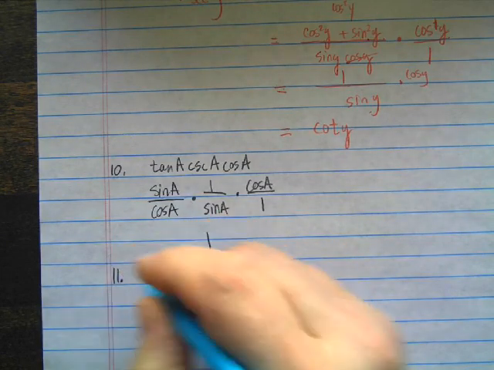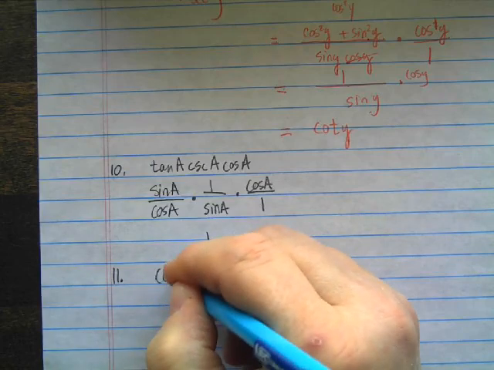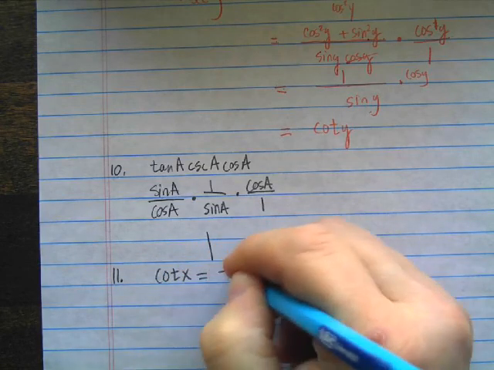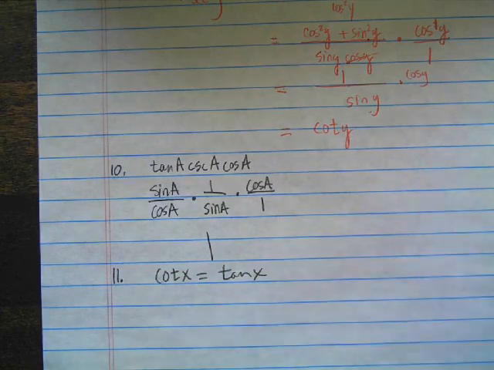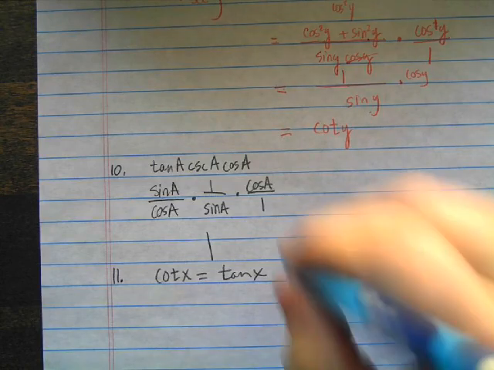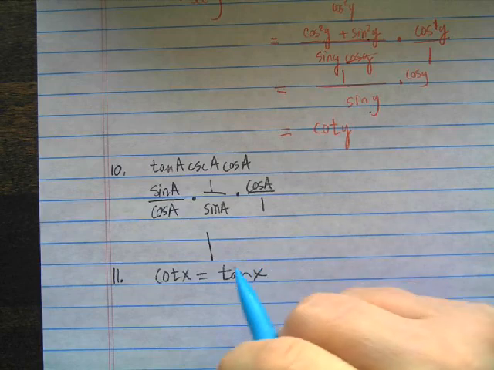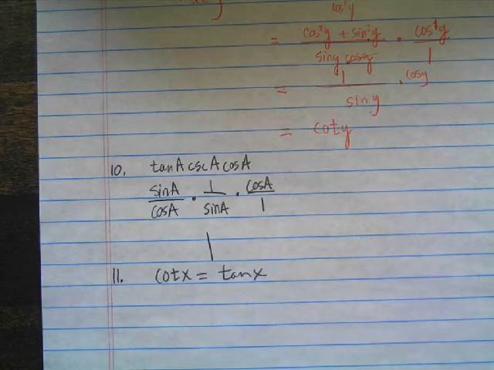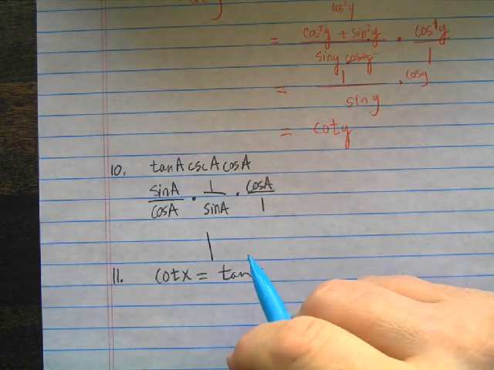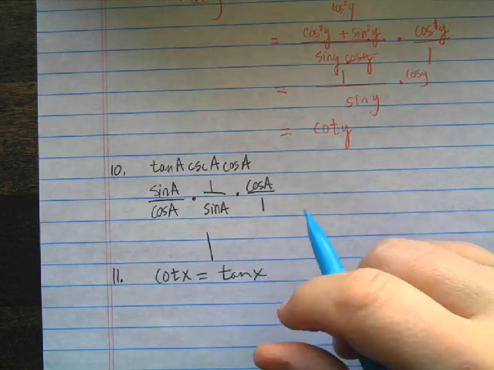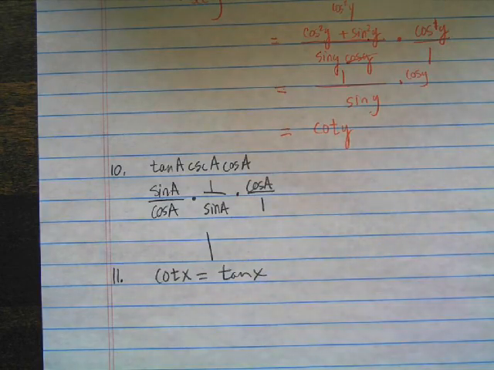Number 11, we have cotangent x equals tan x, and our domain here is 0 to 360, so we know that our answer is going to be in degrees. There's a couple ways you can do this. You can change everything to sine and cosine, and then use your Pythagorean identity to get rid of the sine squared or the cosine squared when you cross multiply.